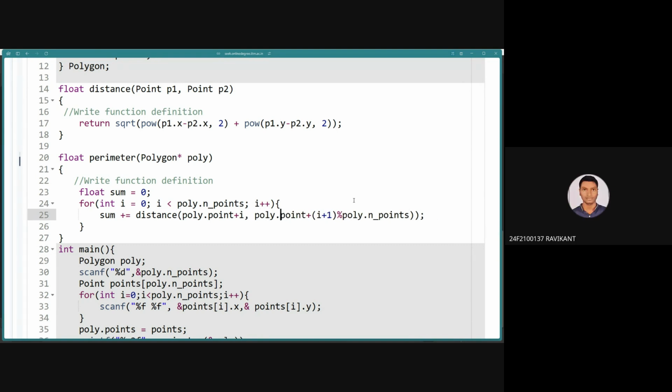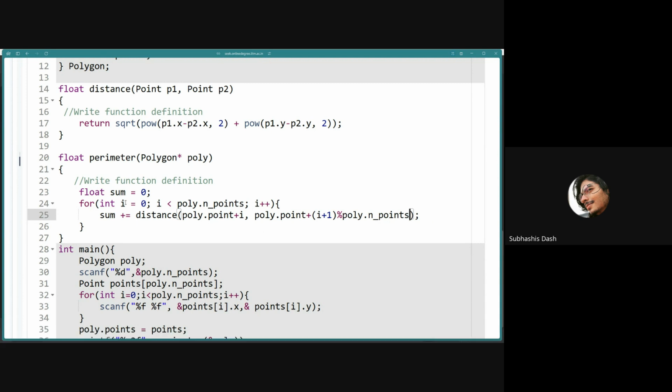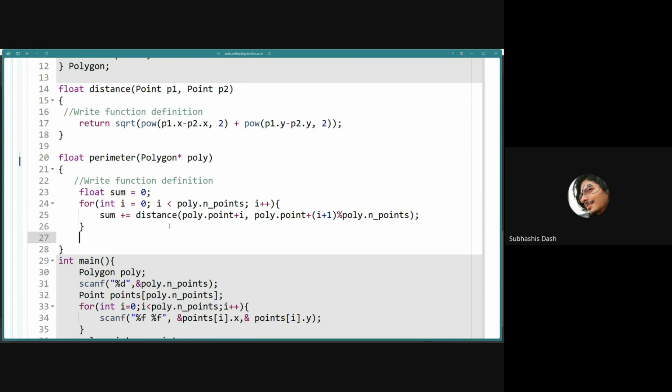So this one helps us to ensure that it goes in a circle. Yeah, this is okay. So now finally we just want to return some.